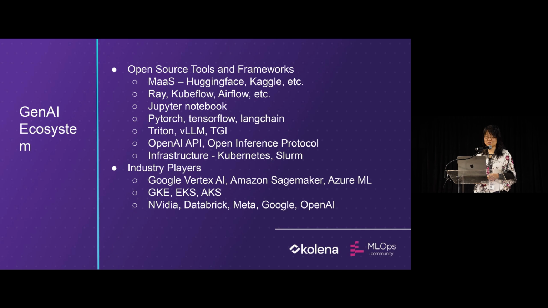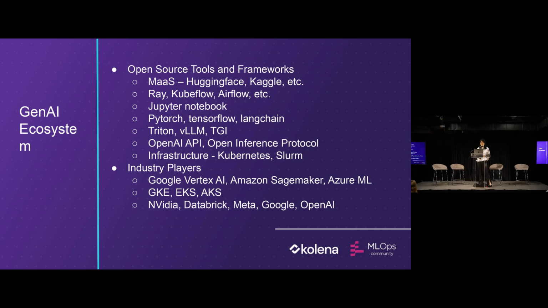From an infrastructure perspective, we have GKE, EKS, and AKS. And then a bunch of companies are creating their open models. Like NVIDIA recently, last week, released a super large model with 340 billion parameters or even more. All those companies have been building their foundational models as well.